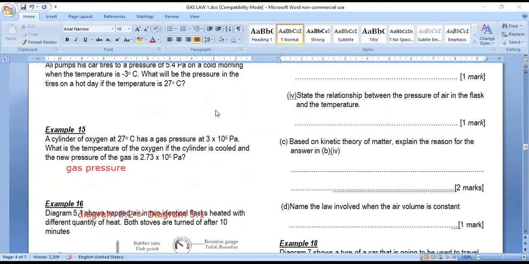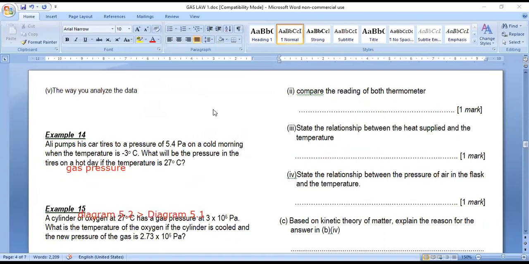Then compare the reading of the thermometer: diagram 5.2 is also greater than diagram 5.1.